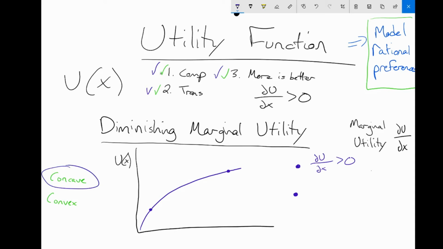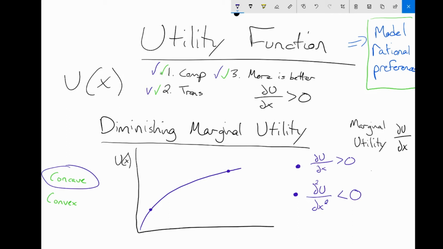What do we know about concave functions? We know that the second derivative is negative. So there we go. We're piecing together properties of a function that will do a good job of modeling rational preferences.